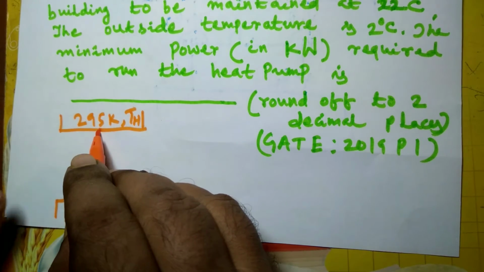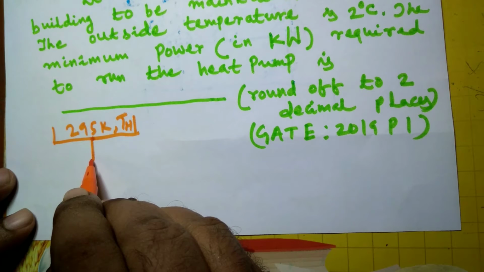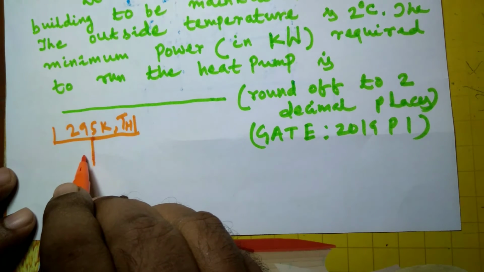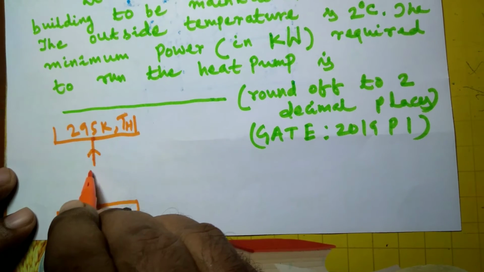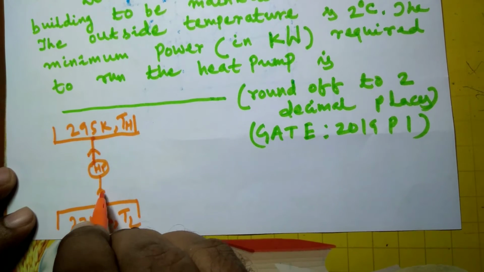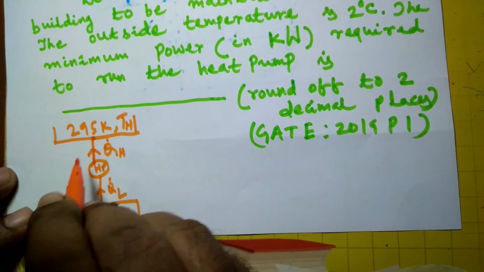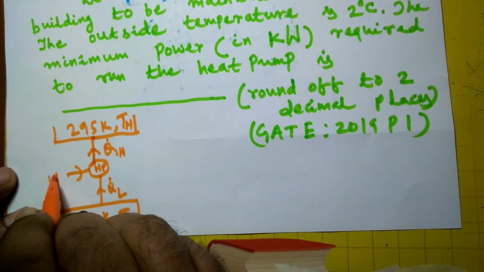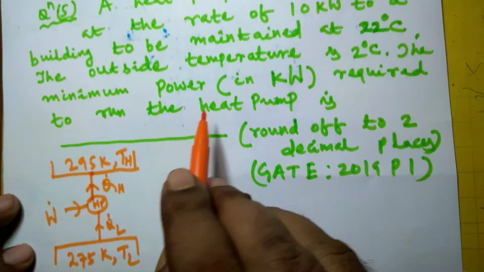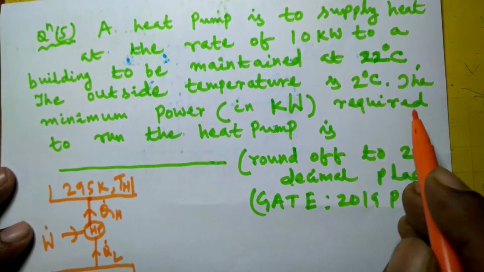That has to be done by the same components that constitute the refrigerator, and in winter they will act like a heat pump. So suppose this is the heat pump, this is Q dot L, this is Q dot H, and this is W. But you have to find out a minimum power.